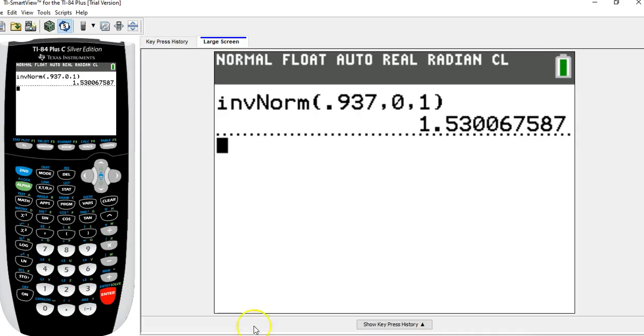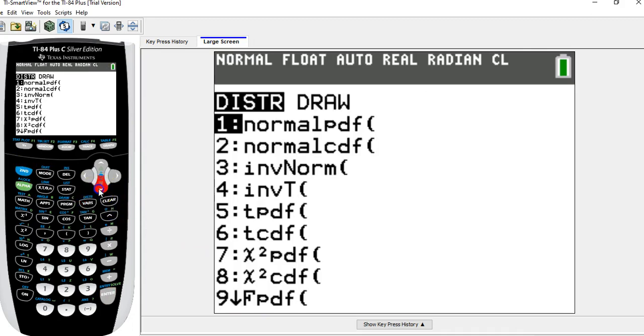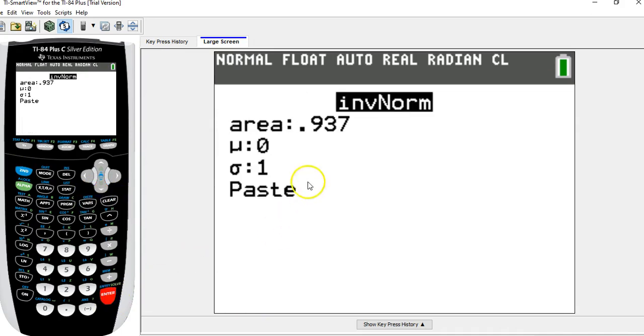So on the calculator, again, I'm going to go to InvNorm. And this time the area is 1 minus 0.03 for the critical Z value, Z sub 0.03.